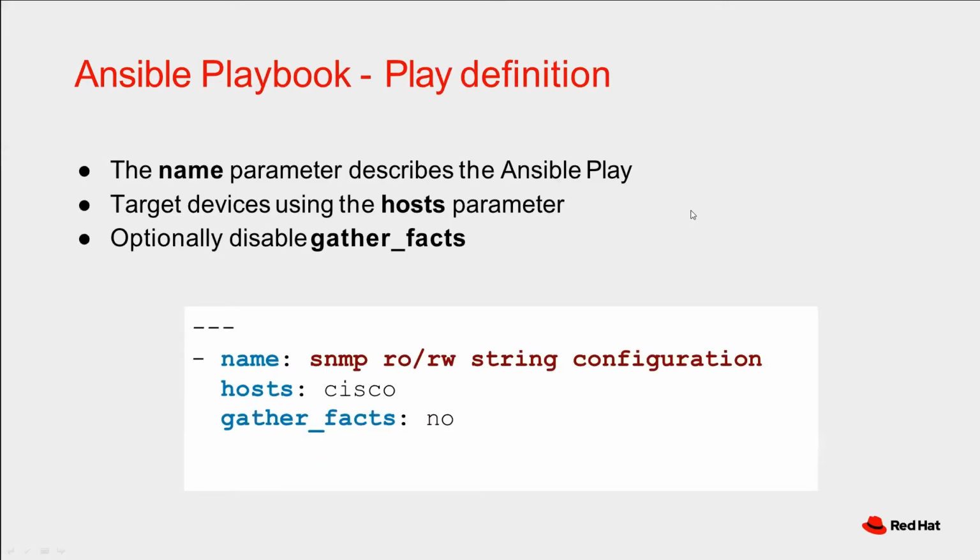And so, like I said before, we have the name parameter, and this is the playbook name parameter. With these names, we want to put something in here that makes sense or means something, because we'll see in the output how these are being put into the output, so that it'll help us keep track, especially as our playbooks get more complex.